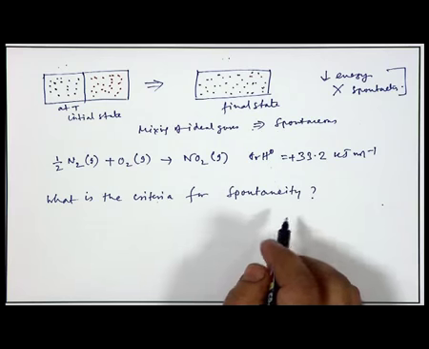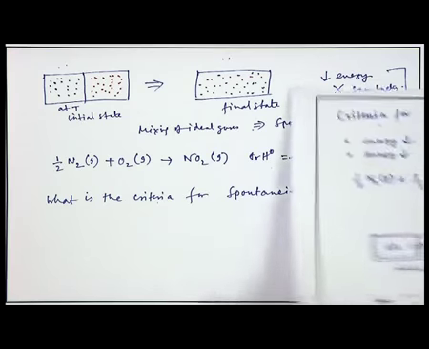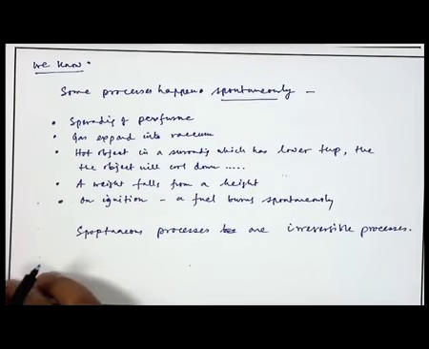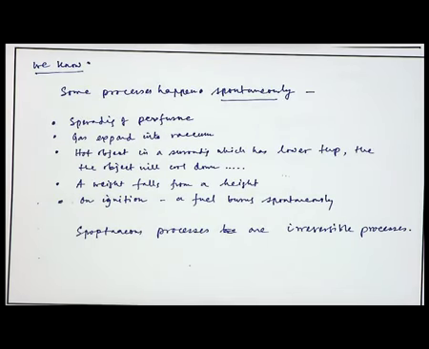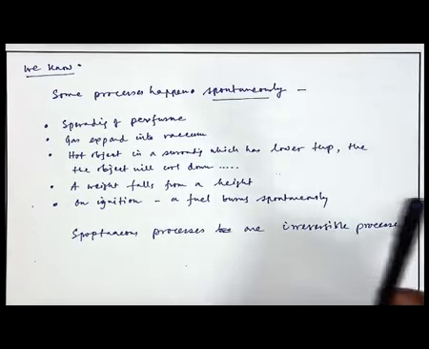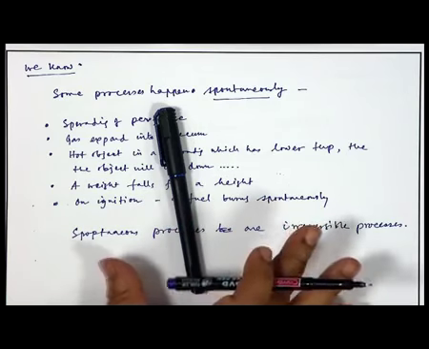If you go back and look at these processes, we will see what is happening. In this case, if I talk about the spreading of perfume, what is happening? I spray the perfume in a corner, then spontaneously the matter is getting dispersed all over the room. So, basically it is becoming more random. I have this hot object, say this hot pen, I keep it here, and it will dissipate heat energy to the surroundings.